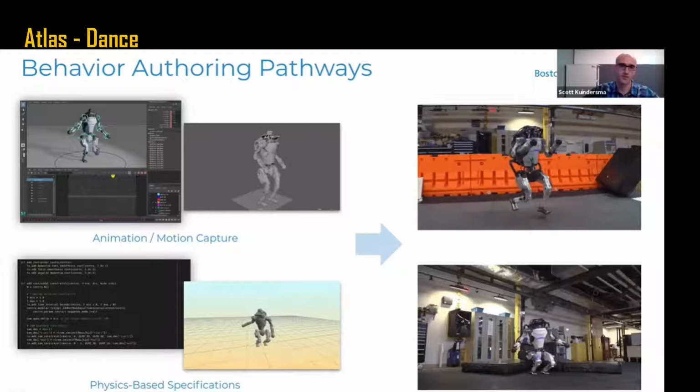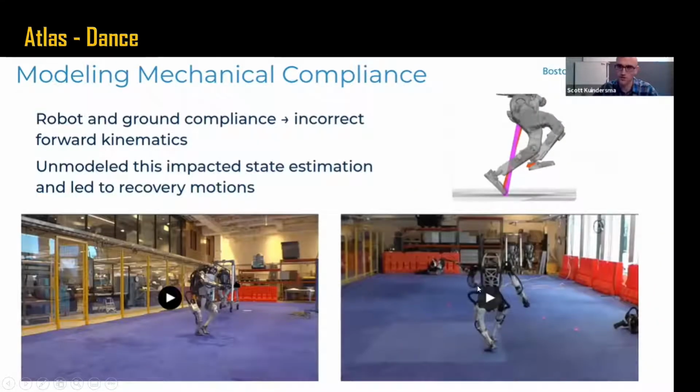So one of the ways to train the robot to perform the motion is to capture the motion by an animation system, right? Using animation software, all of these motions are generated and then applied to a real robot. And then of course physics based specifications are done, and all of these things are applied to the real robot.